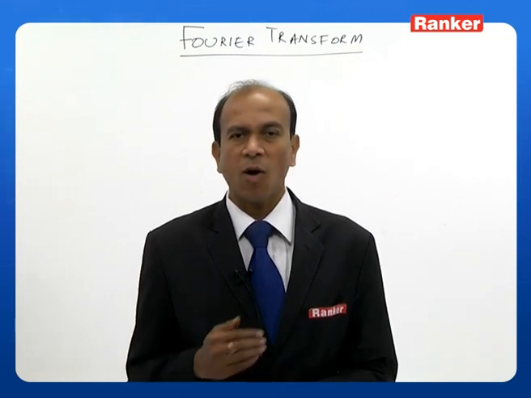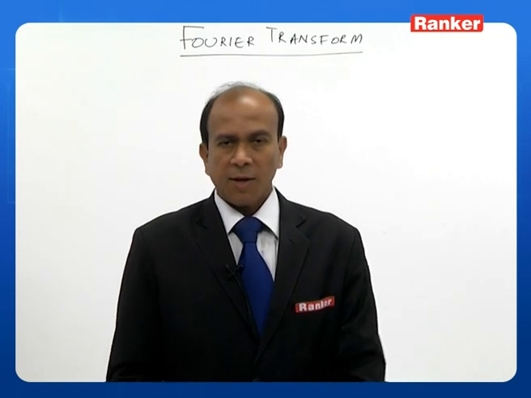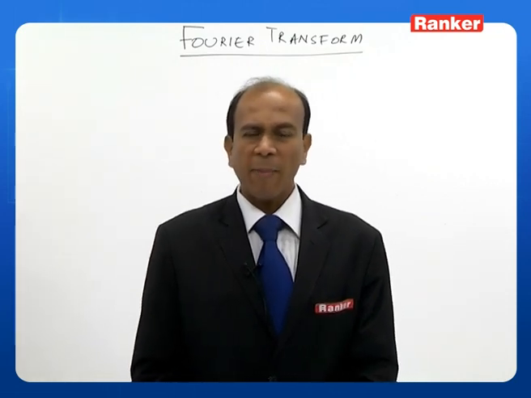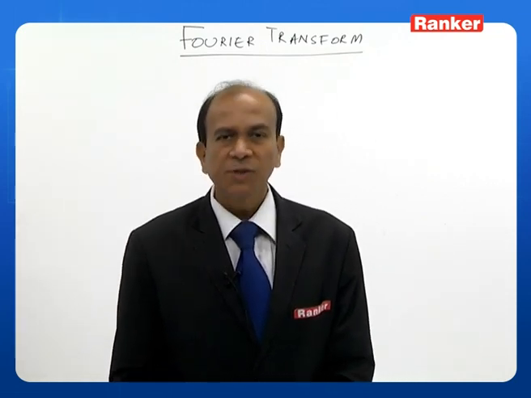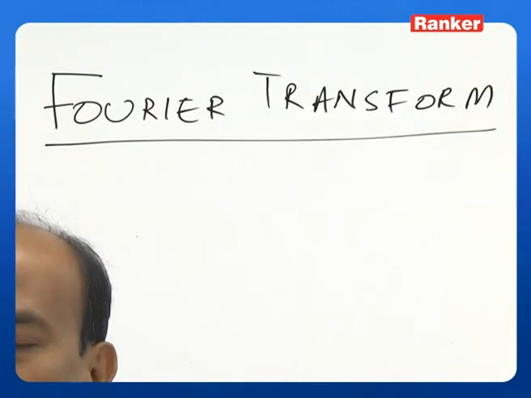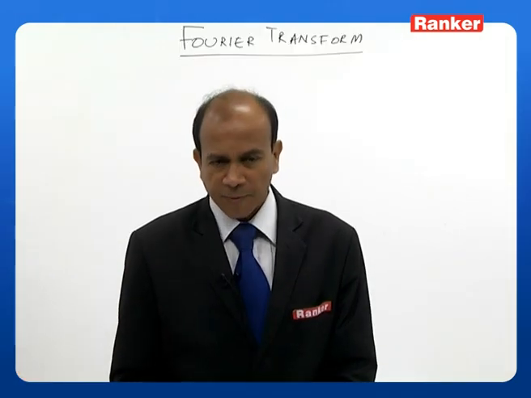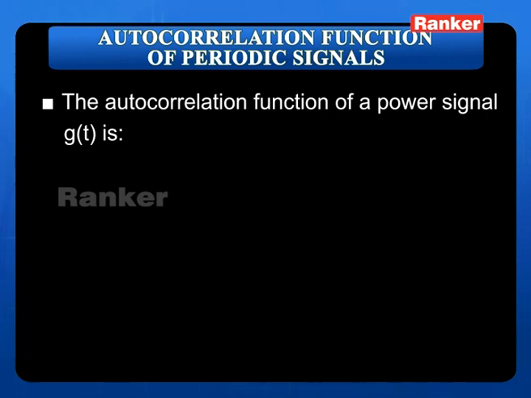Now, let us look at the autocorrelation function of power signals. As we all know, power signals generally are periodic signals. So, if I calculate the periodic signal autocorrelation function, that is as well an application to a power signal. What is the autocorrelation function of a power signal?